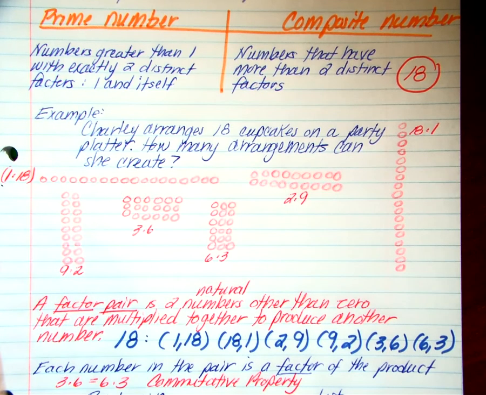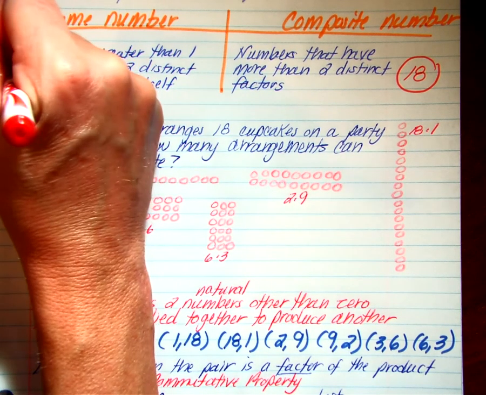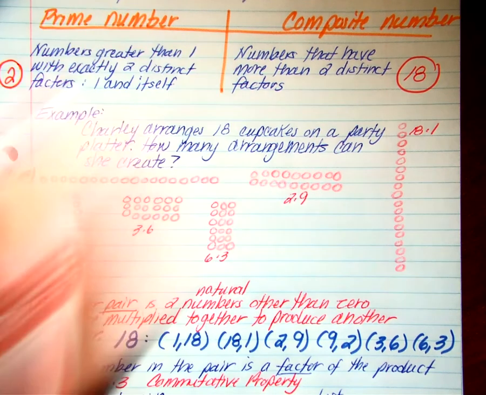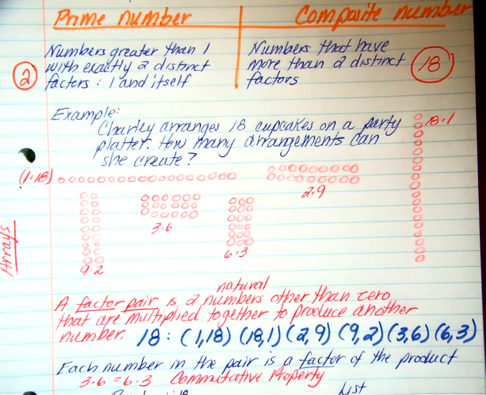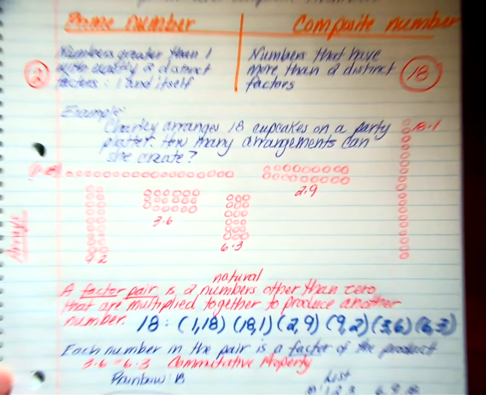So what's an example of a prime number? 2, because the only things that can go into 2 are 1 times 2. Okay, so that is a brief lesson on factors.